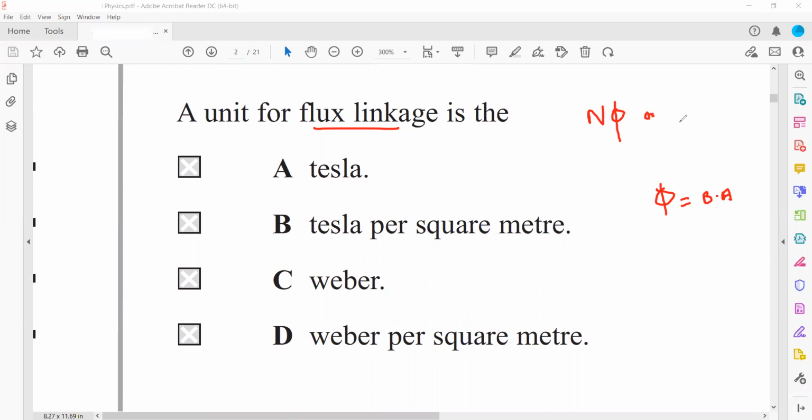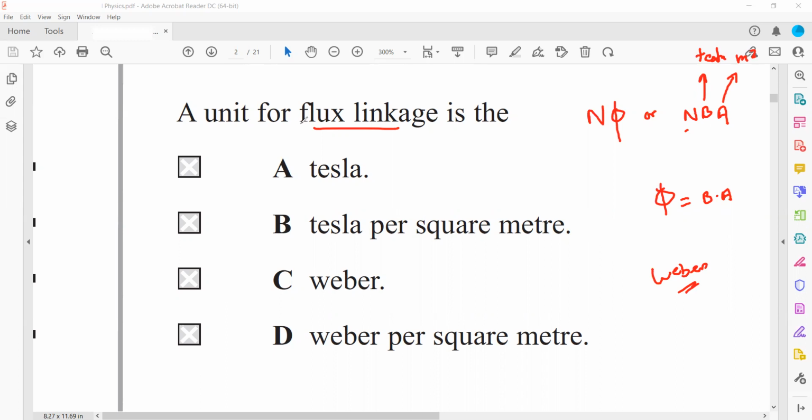So the flux linkage is NBA, where N is just a number, B is the magnetic flux density, measured in Tesla, and A is the area in square meters, so it is Tesla meter square.